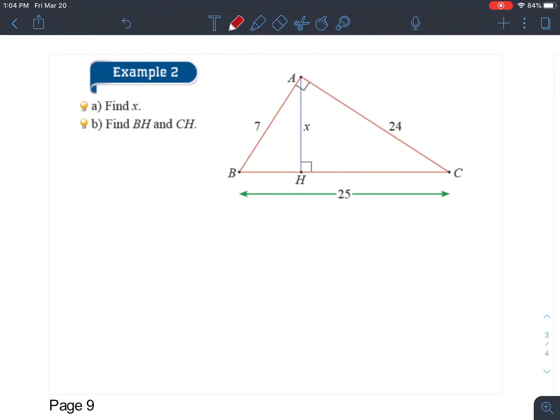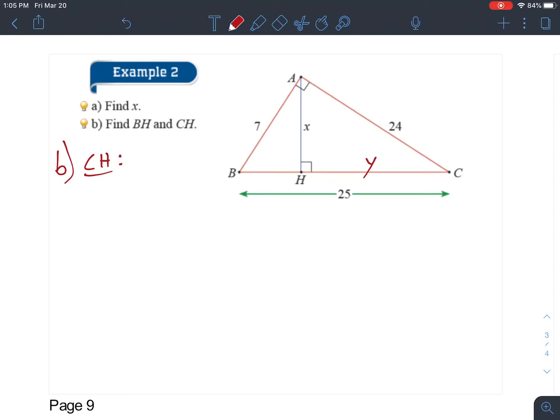Specifically, I think we need to find HC first. It's kind of interesting that it says that that's in part B, but I think that we actually do need to find that as our first value. So I'm going to label that as Y, and we know then from, so we're going to start with B actually.